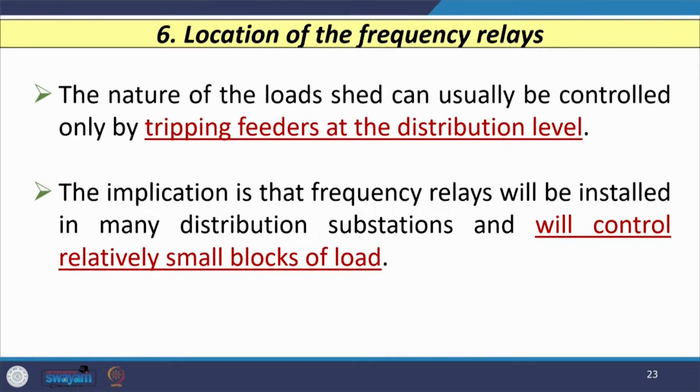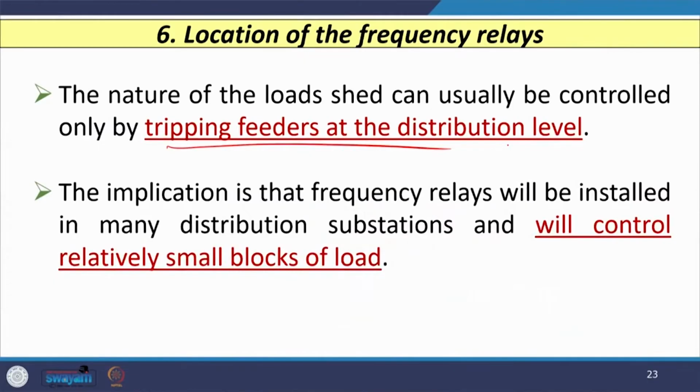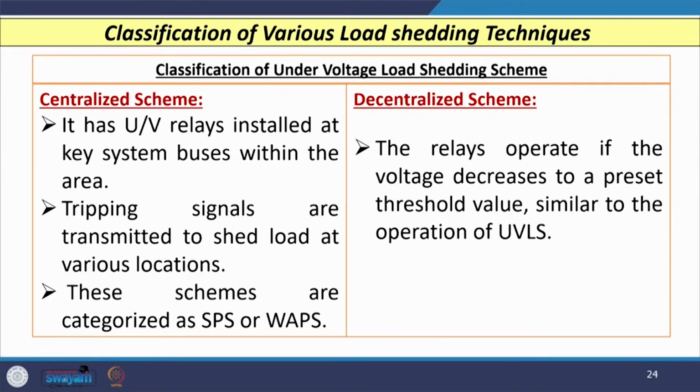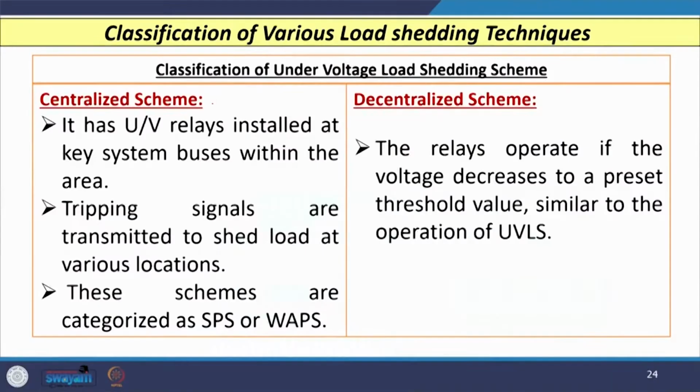And we know that when we apply such a scheme at distribution level, then the tripping of feeders at distribution level should be controlled according to the nature of the load. Now, let us see the classification of various load shedding techniques. The first type of classification of load shedding techniques is the centralized scheme and the other one is the decentralized scheme.